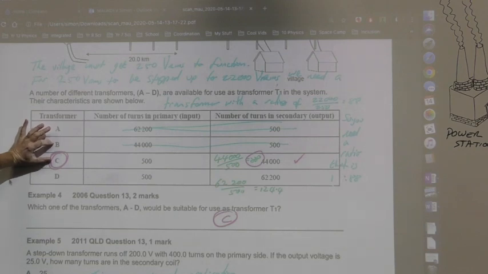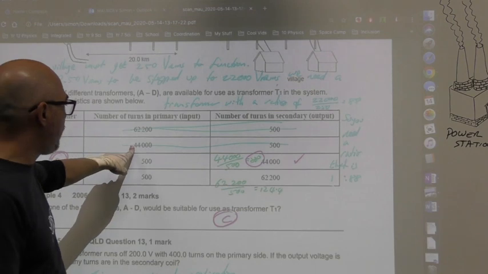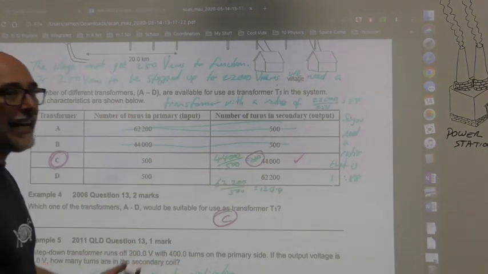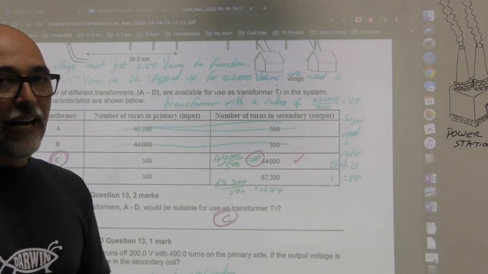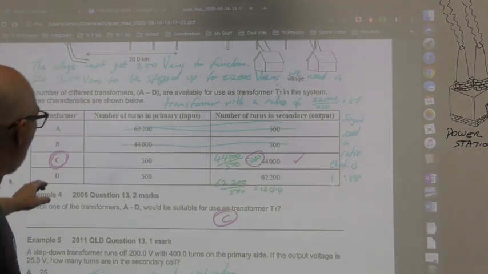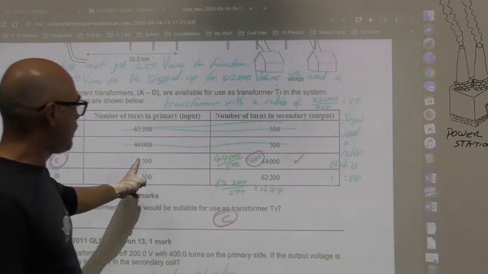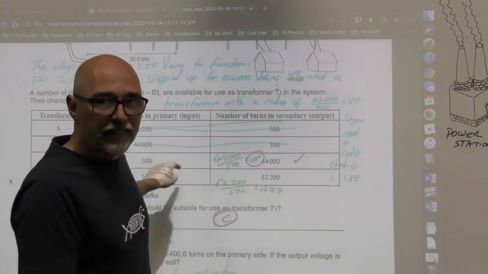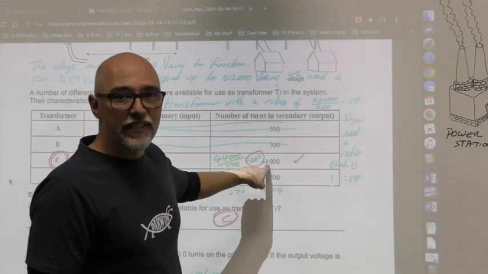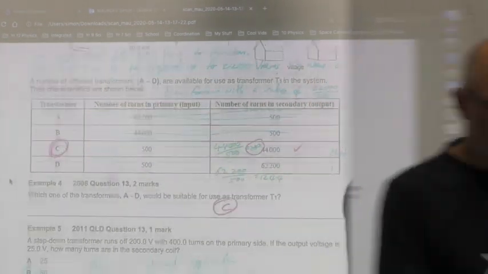So over here, 44,000 to 500 would be 88 to 1. In other words, it would be stepping down, not up. That's why it's C, because in this version it's 1 to 88, and you've got to be awake enough to realise you need to do a division to figure out what the ratio is.